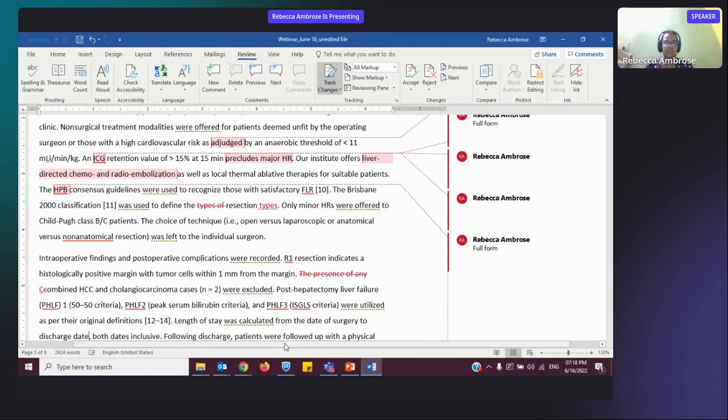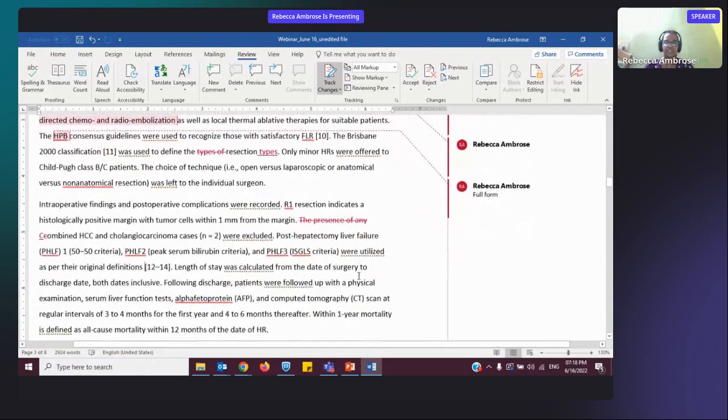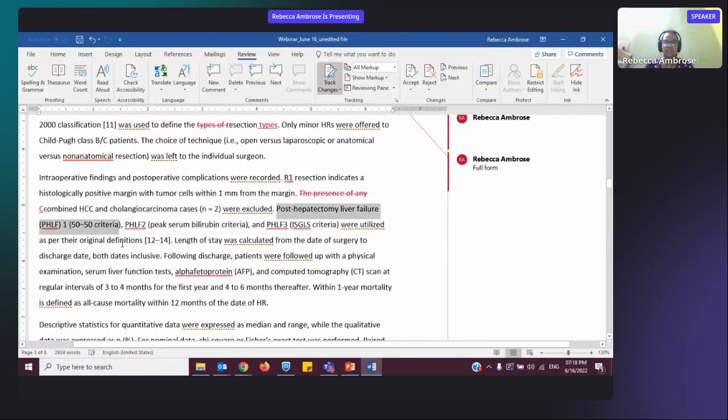Post hepatectomy liver failure, yeah, were utilized as per their original definitions. So, again, the meaning is clear, but the way the authors have written it may not be.